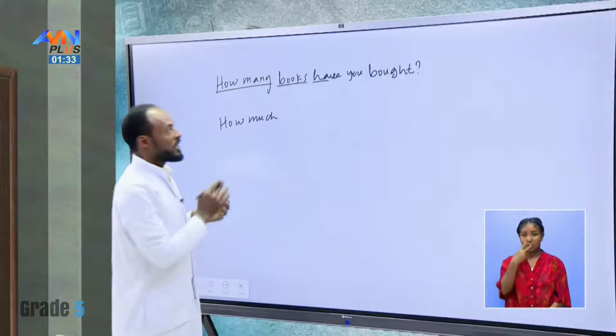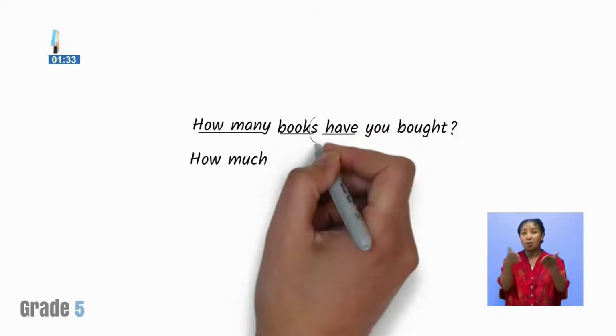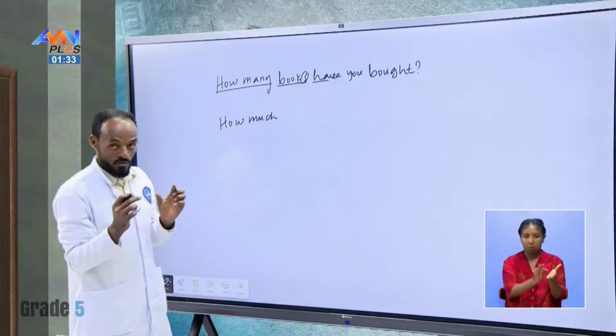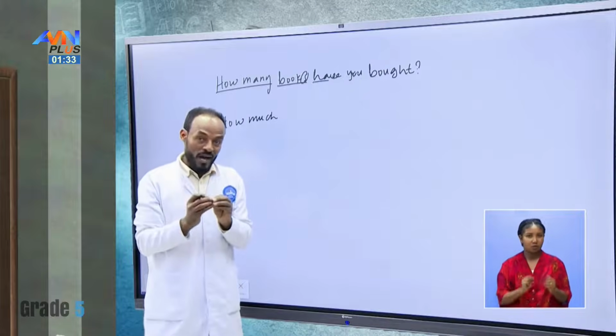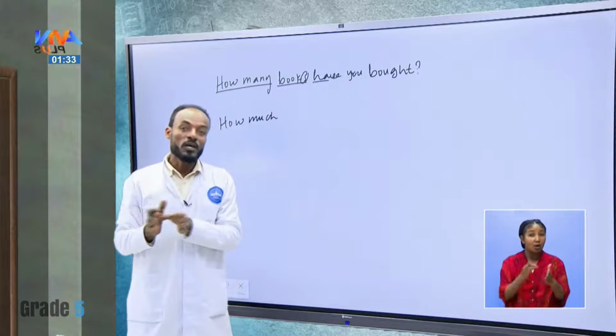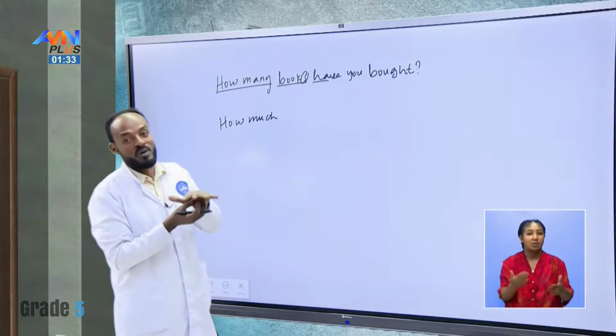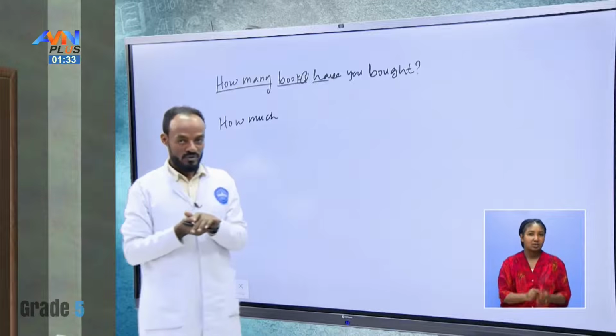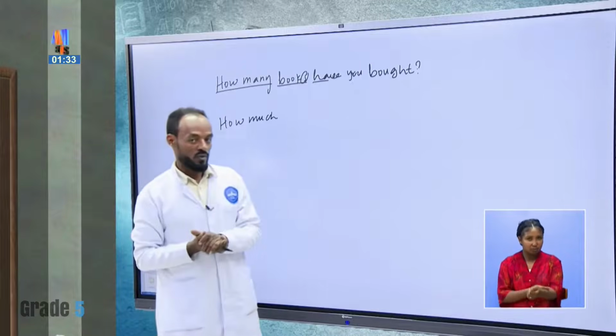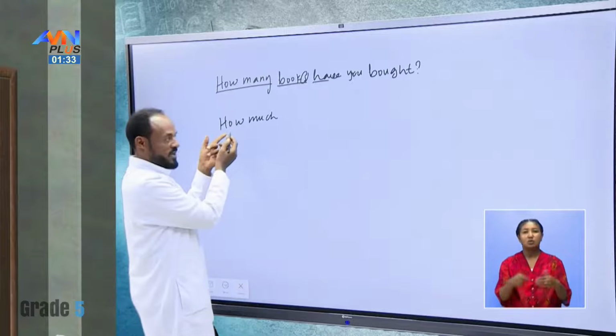Look, when we said books, this one is a countable noun. All countable nouns have their own plural forms, except some words just like ship, just like deer and so forth. So what about how much?